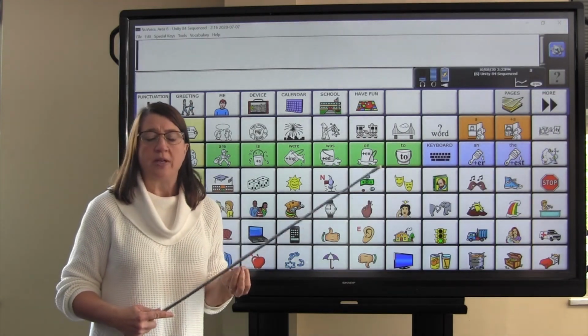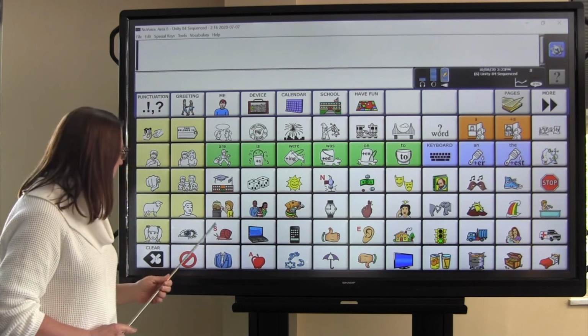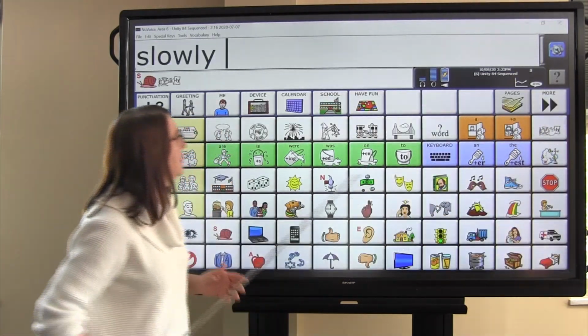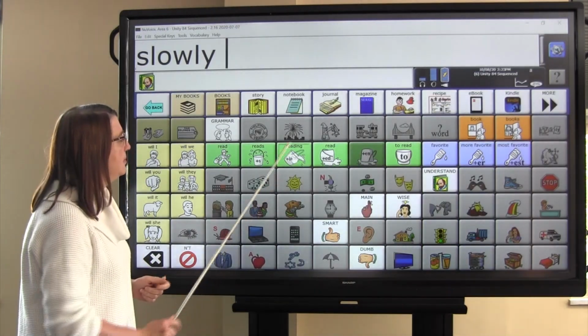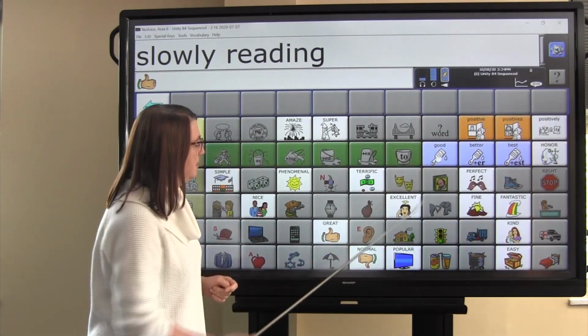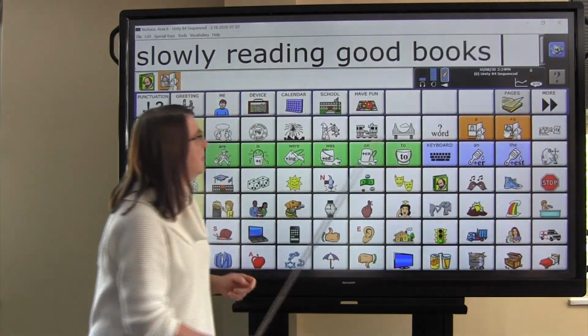I don't know about you. Sometimes I'm a slow reader, so I might say slowly reading good books. Snail plus adjective. I'm sorry, snail plus adverb. Slowly. Reading. Good. Books. Right?